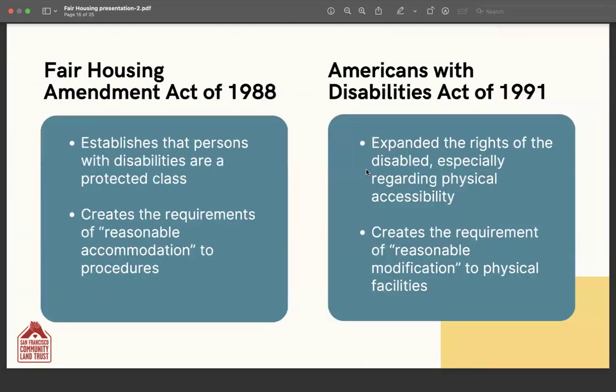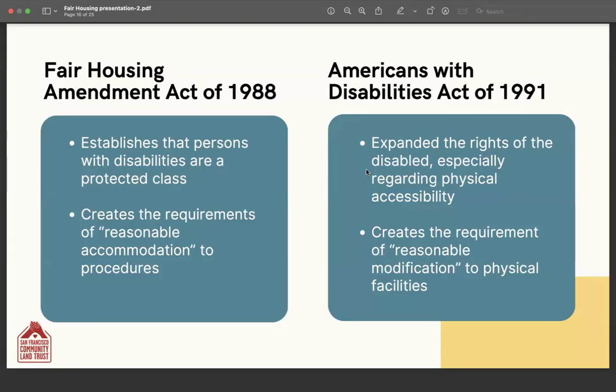And on the federal level, these two pieces of the law are important to know about. So the amendment that was made to the Fair Housing Act in 1988, that establishes that persons with disabilities are a protected class. And it also creates the requirements of reasonable accommodation procedures. So the fact that you have to, as a housing provider, accept requests for reasonable accommodation.